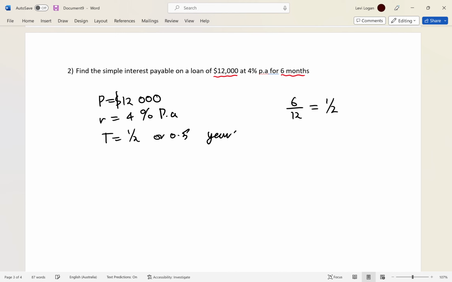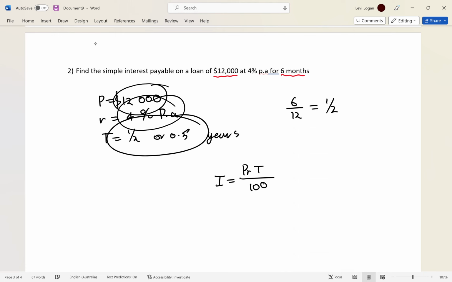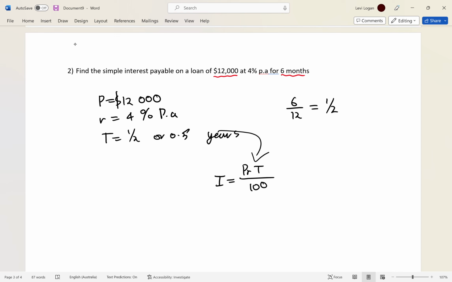Alright, so now we can calculate our interest. Interest is equal to PRT divided by 100. All we got to do is plug this into the formula. So interest is equal to the principal multiplied by the rate multiplied by the time, 0.5, divided by 100.